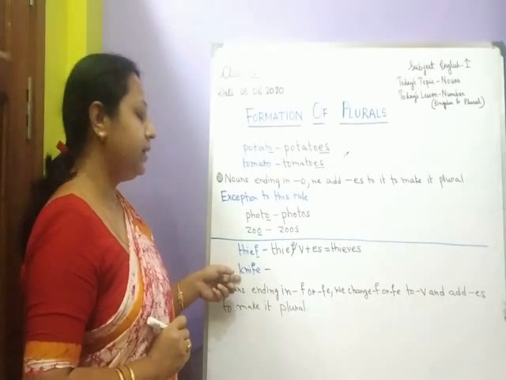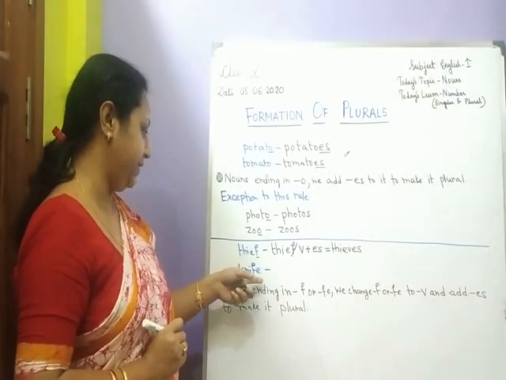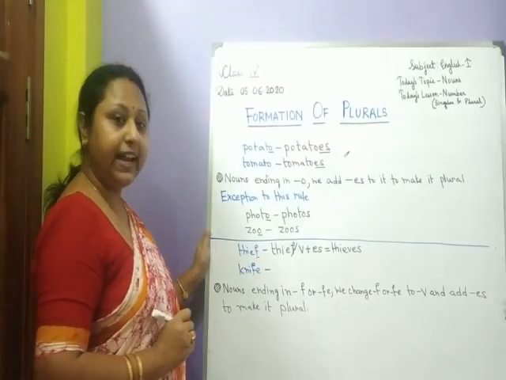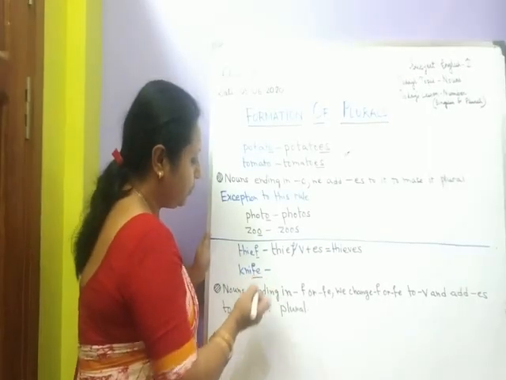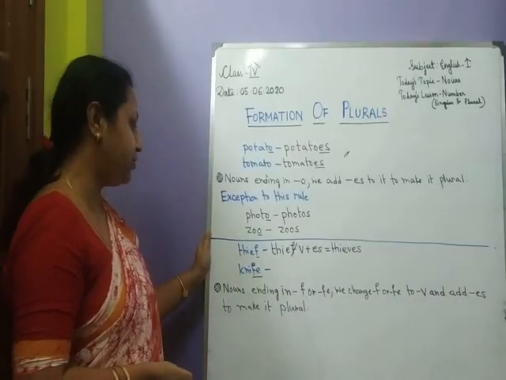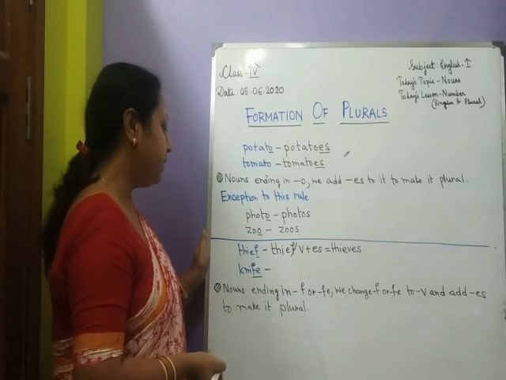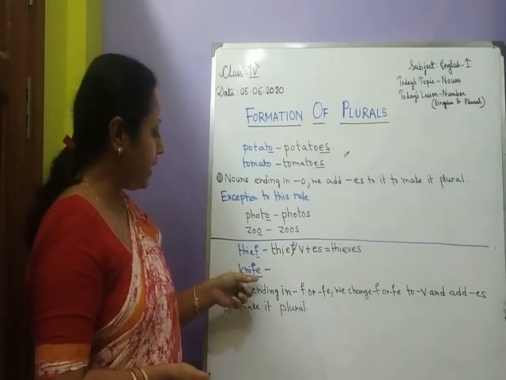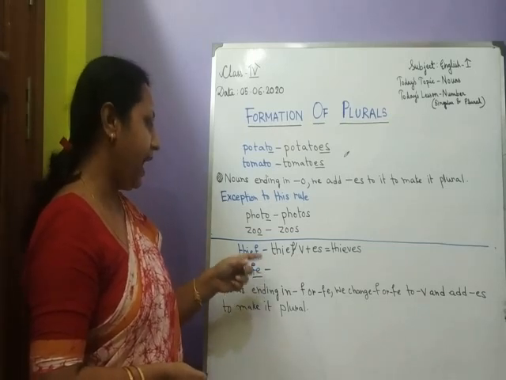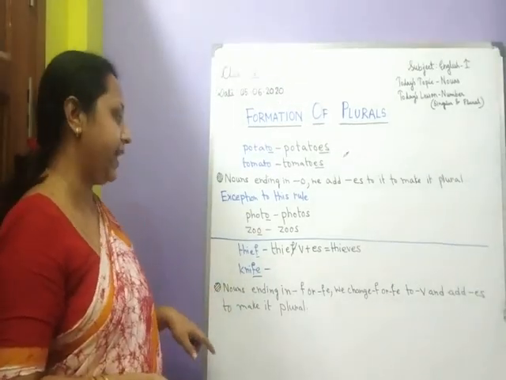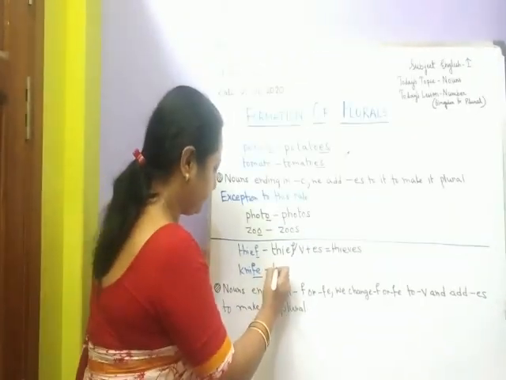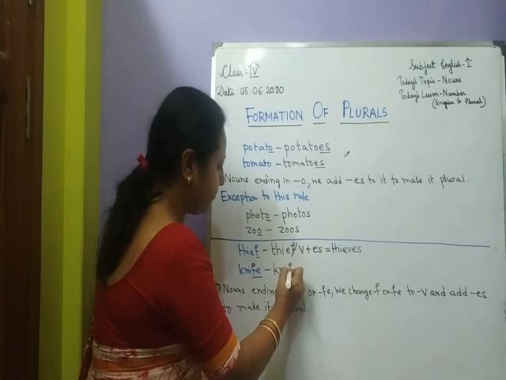For the word knife, K-N-I-F-E, it is ending with the letters F-E. To make it plural, here also we will have to drop the letters F-E and write V and then add es to it to make it plural. K-N-I-F-E.